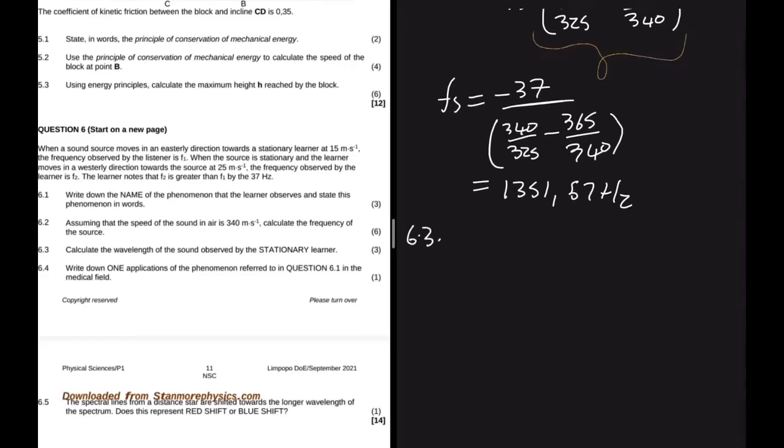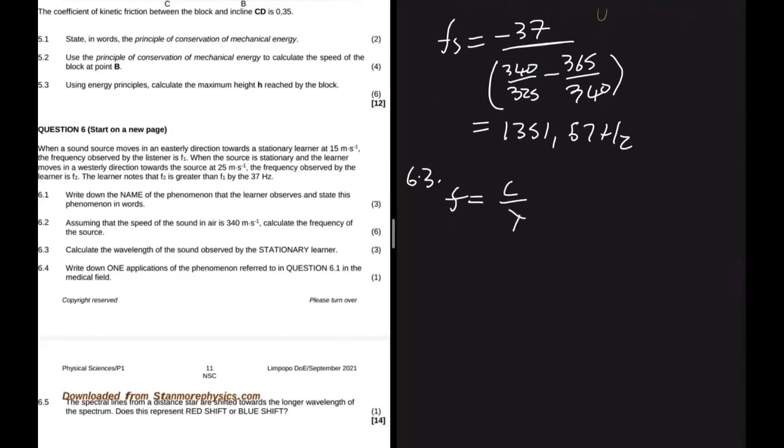6.3 says calculate the wavelength of the sound observed by the stationary learner, right? So we know that frequency equals speed divided by wavelength. If we make the wavelength the subject of the formula, because it's what we want, we're going to get wavelength equals the speed divided by the frequency.